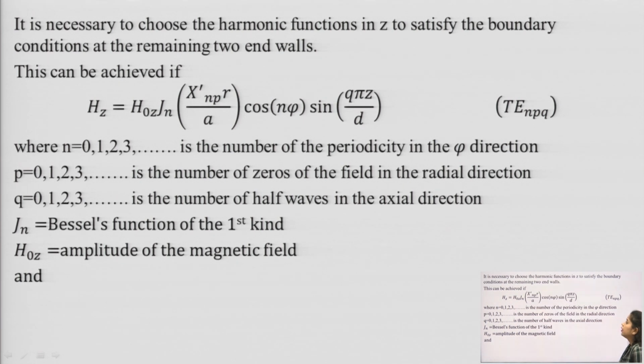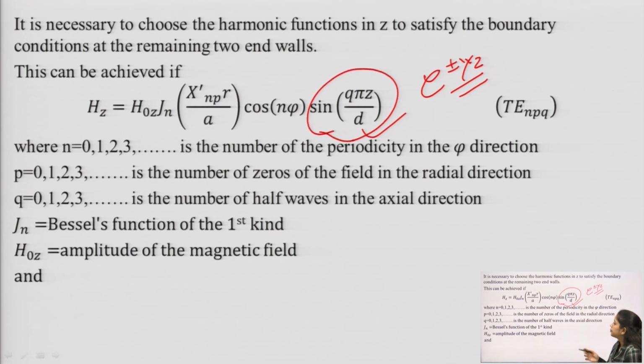In that case, we get the magnetic field equation Hz = H0 Jn(x'np r/a) cos nφ sin(qπz/d). Same as in the circular waveguide, which is open ended where the wave propagates with a propagation constant, but here it is bounded, that is why it is a fixed one.